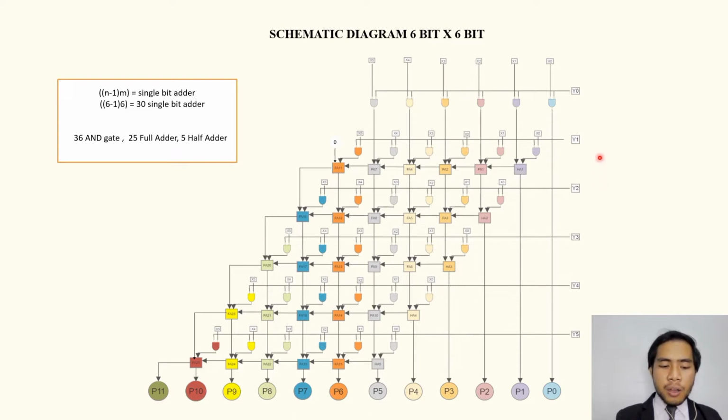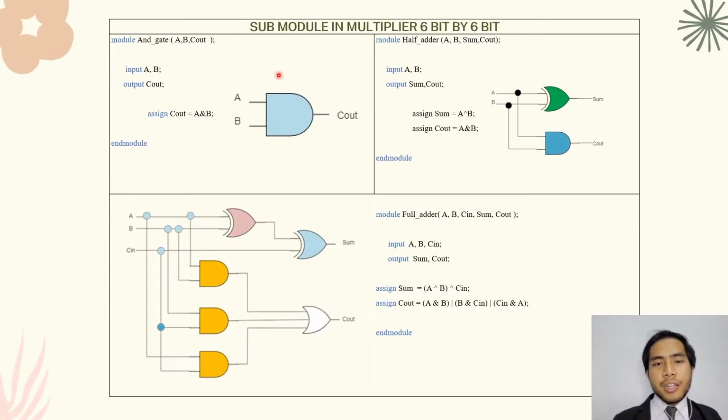To know the total of 1-bit adders used, we use the formula of n minus 1 multiplied with m, and the total of adders is 30. So after we finish the design, we need 36 AND gates, 25 full adders, and 5 half adders to produce 12 outputs. This is the schematic diagram of the AND gate, half adder, and full adder.